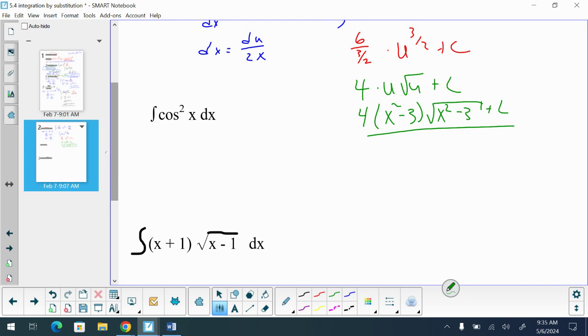If I let u equal cosine of x, then du dx would equal negative sine of x, so dx would equal du over negative sine x.